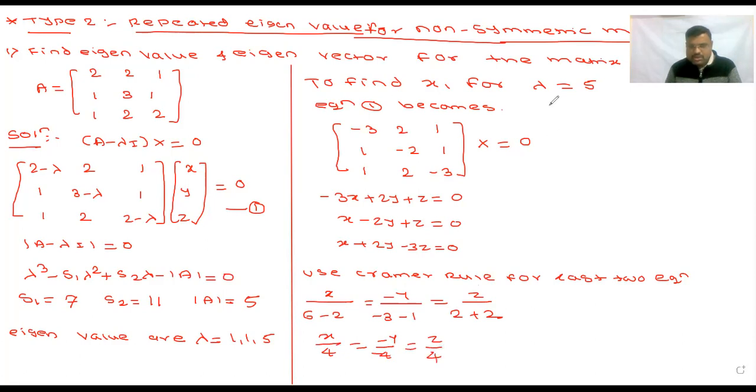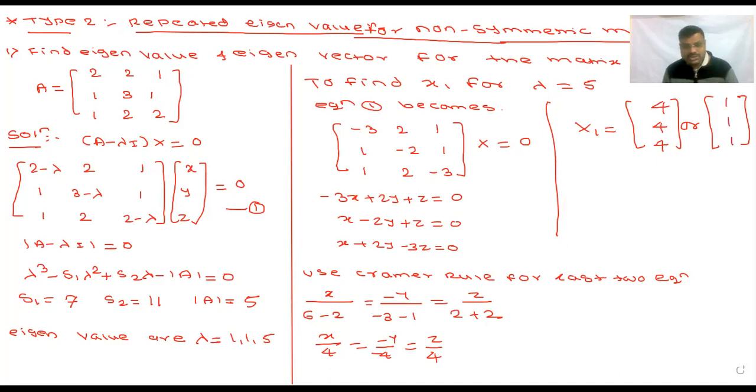So what is the eigenvector x1 equal to? 4, 4, 4, or what is the eigenvector? 1, 1, 1. So this is the first eigenvector.